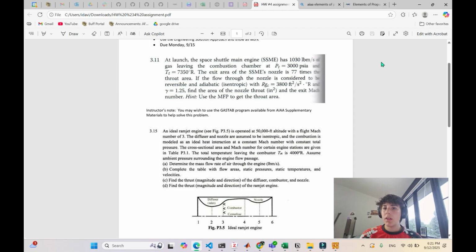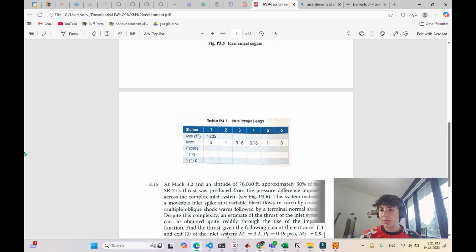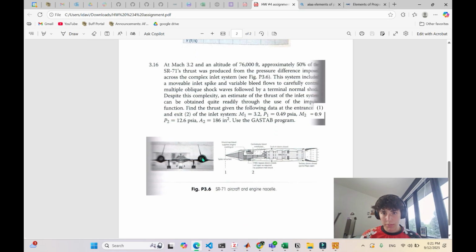So why it's useful in this problem is because thrust equals the impulse function at the inlet minus the impulse function at the outlet. So I1 minus I2.